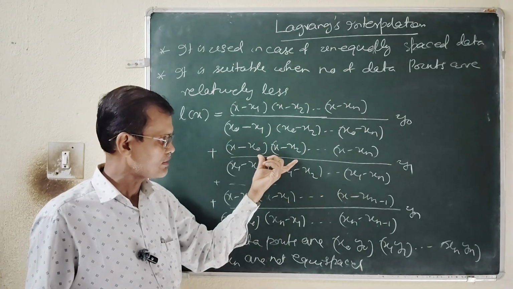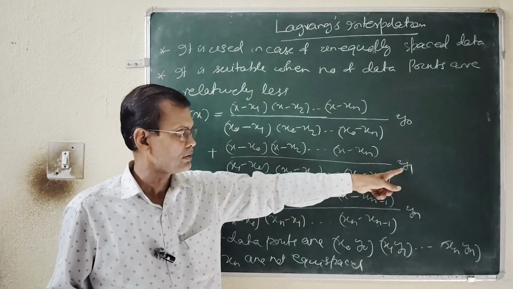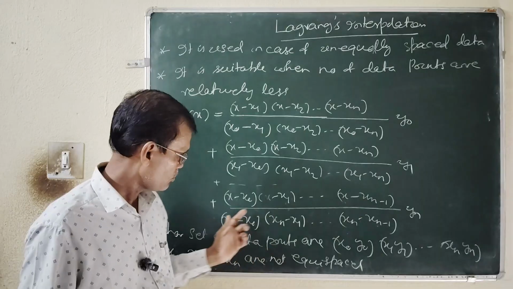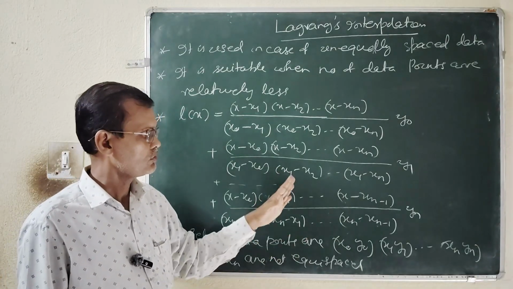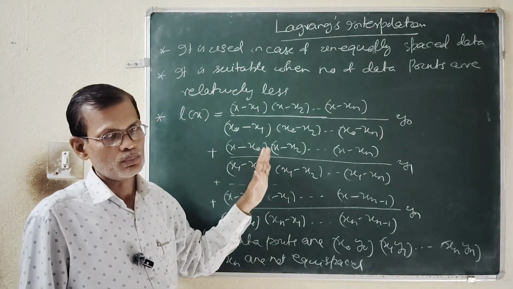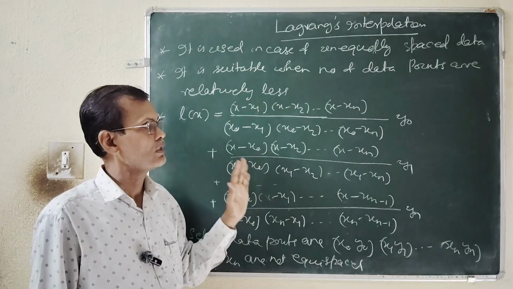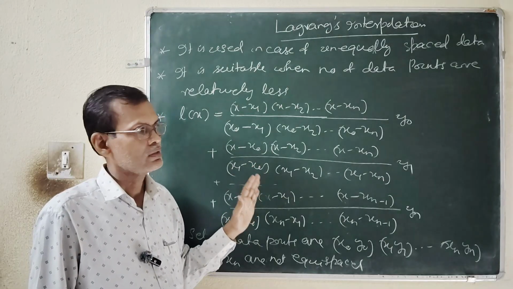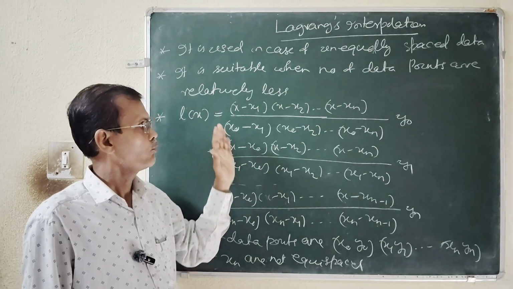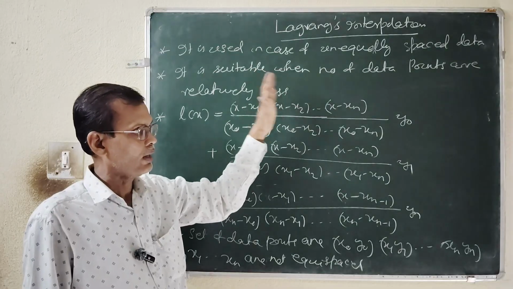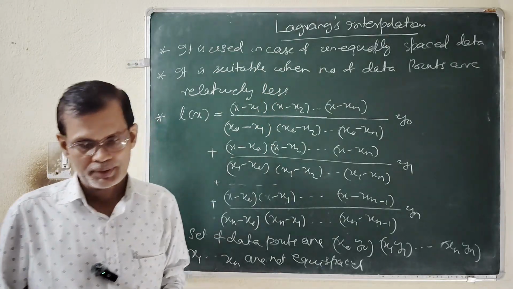We are generating this term for x1, so we multiply by y1. In the similar manner, we write up to the last term. This is the Lagrange interpolation formula. Now we will consider one numerical example and see how we use this formula and how we find the value of y.